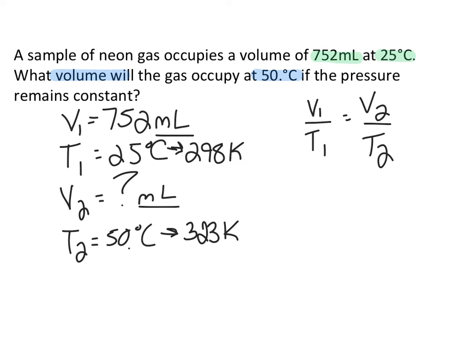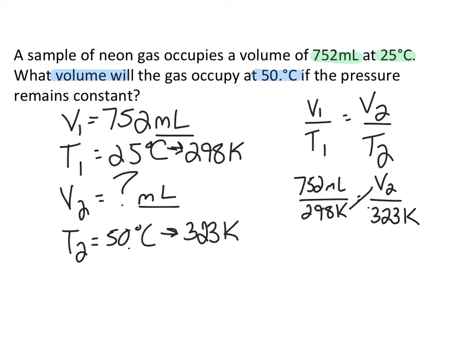So now let's plug the numbers into the equation. So V1 was 752 milliliters over T1, which is 298 Kelvin, equals V2, which is what we're looking for, so I'm just going to leave it as V2, and then T2 will be 323 Kelvin. So now I'm just going to solve that. I like to cross multiply.